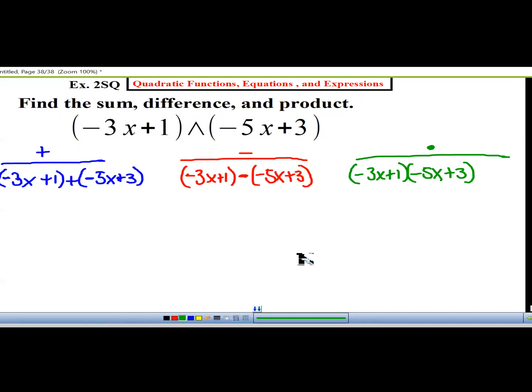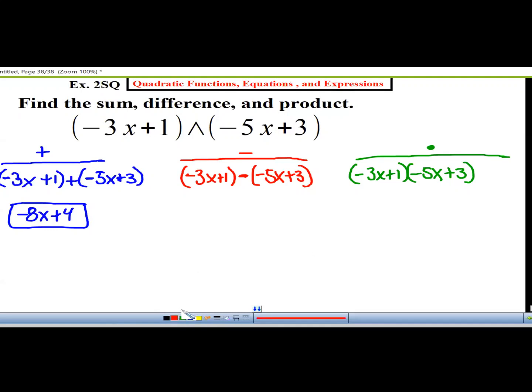All right, let's see what we got. For the sum, what'd you get for the sum, Octavio? Negative 8x plus 4. Bam. Hands, have you got that? That is correct. Difference.